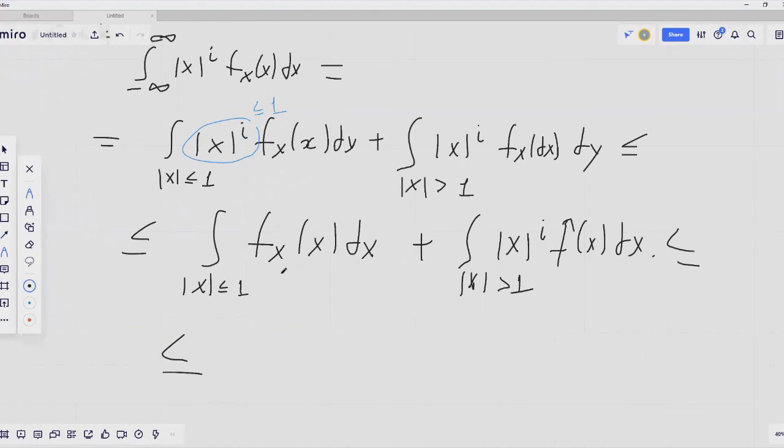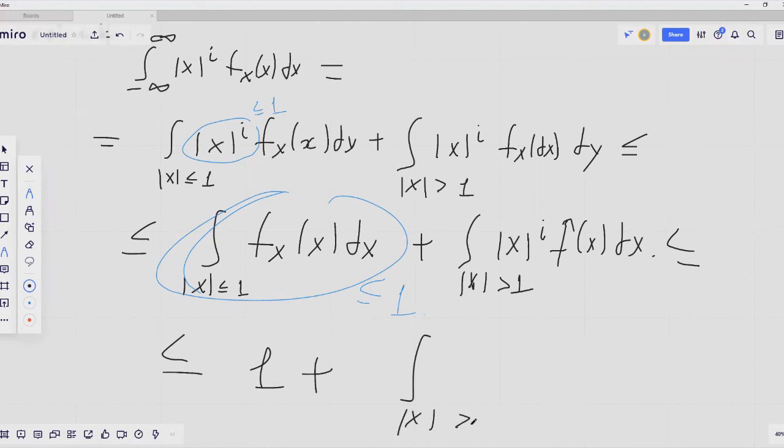Now, the integral from minus infinity to plus infinity over all values of x of the PDF is equal to 1, meaning that this integral here is less than or equal to 1. So we can replace it by 1. So the sum of the following two integrals is less than or equal to 1 plus an integral for absolute x greater than 1 of absolute x to the power of i, f of x dx.